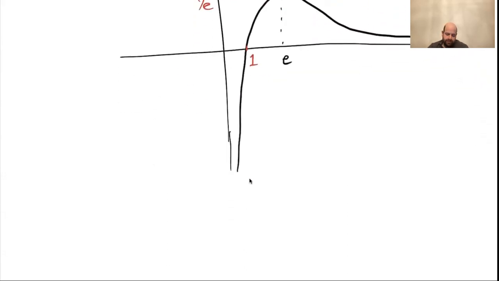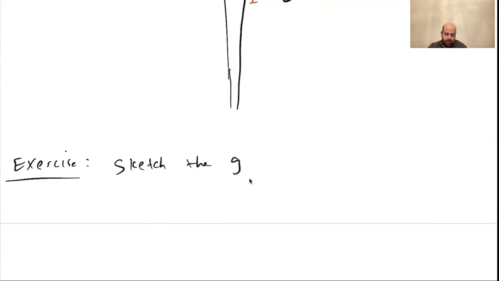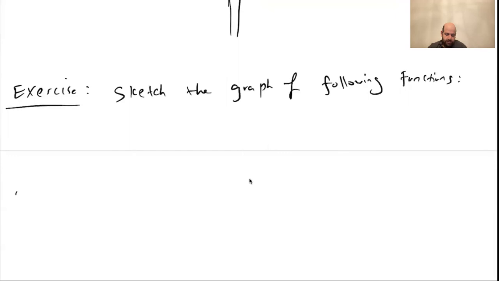Okay, guys, so this is an example for a logarithmic function. If you want more practice, sketch the graphs of the following functions. We did ln x over x. You can try x times ln x.